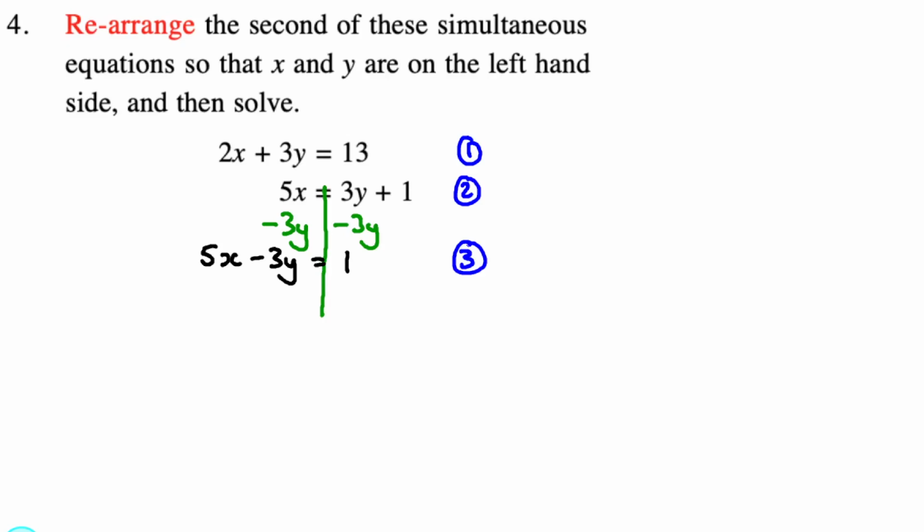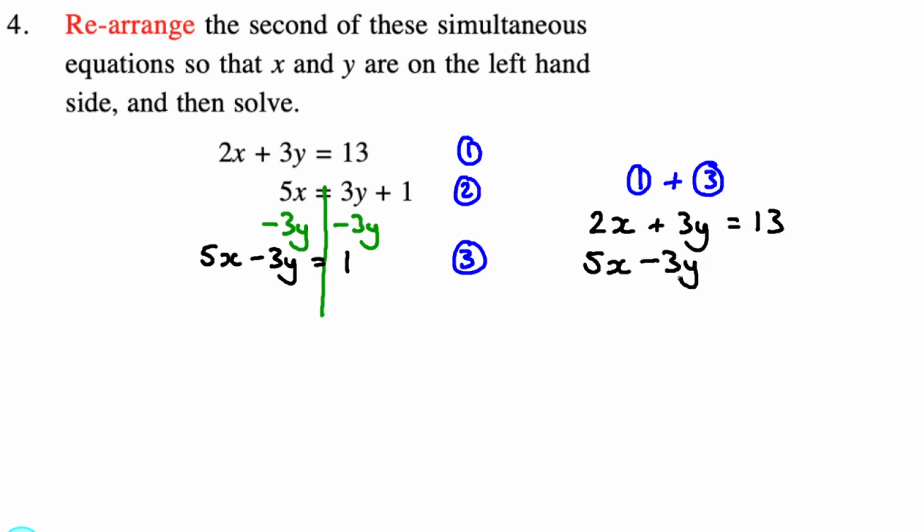Now I'm going to add together equation 1 plus equation 3. So what does that look like? We've got 2x plus 3y equals 13, and 5x minus 3y equals 1.